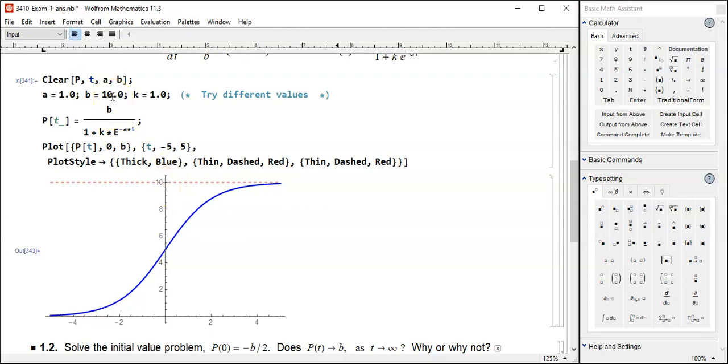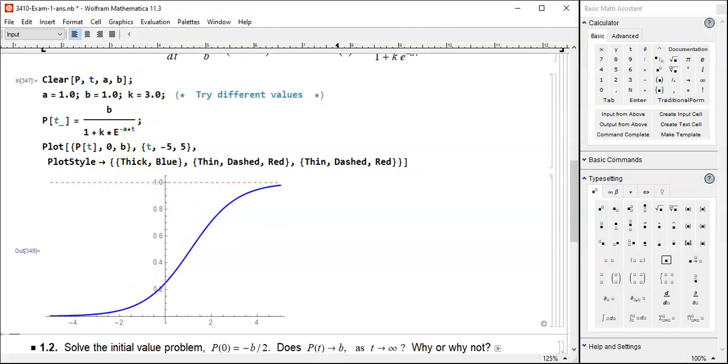Let's go back to 1. See, no change in terms of shape, but the labeling changed. So that is the mature population. The K value is related to the initial value. Change it to something like 3, then as you can see, you have a little bit smaller initial value.